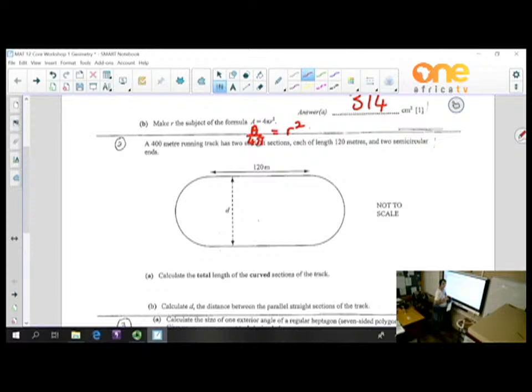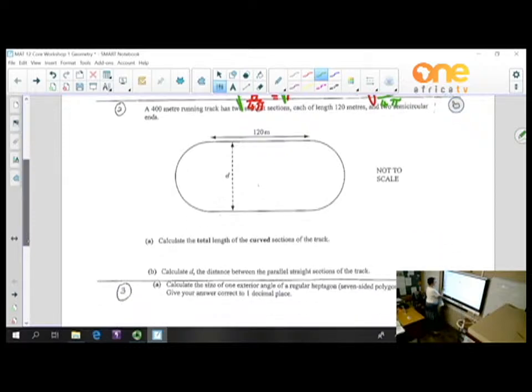And then in a second step, to get rid of the square, I root it, which is the opposite operation. But what I do on the one side, I must do on the other side. So I'm going to square root this one but I also have to do it here. So it is the square root of A over 4 pi, which is equal to r, changing the formula. You do with the letters what you do with the numbers.